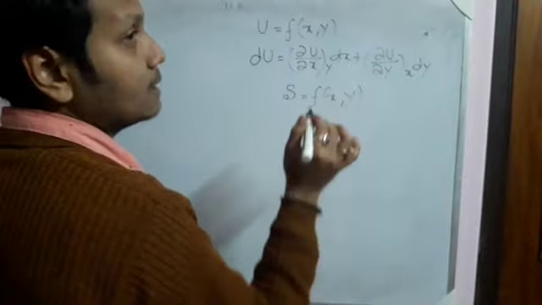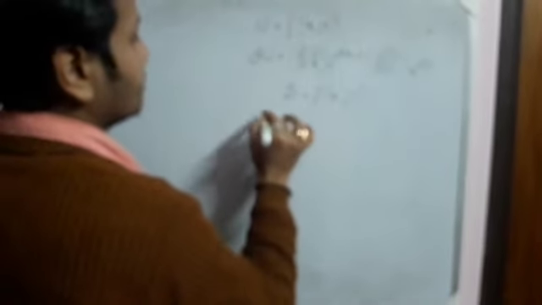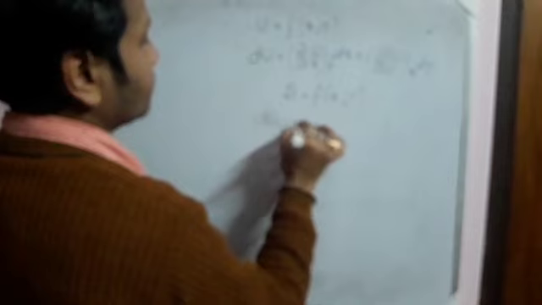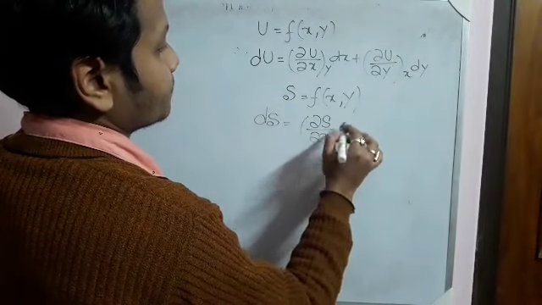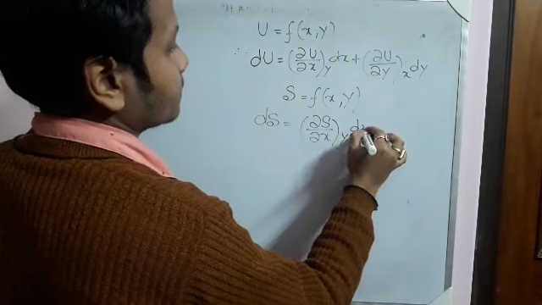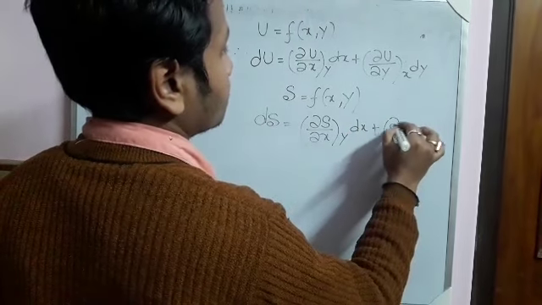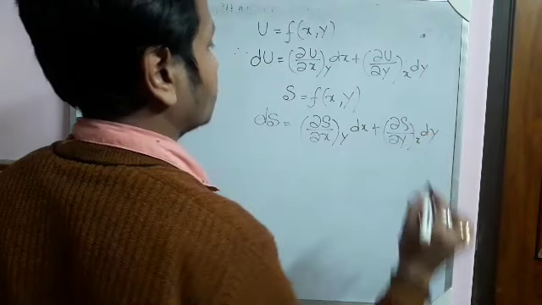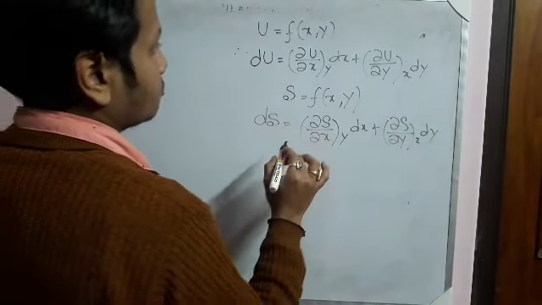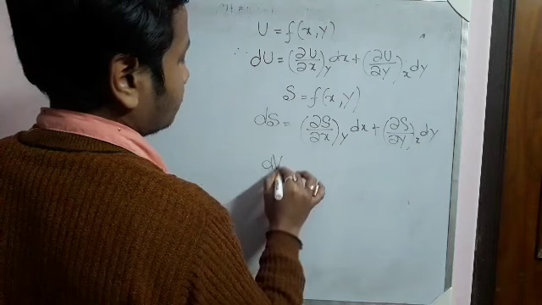Similarly, we can assume s as a function of 2 independent variables x, y, and since ds is a perfect differential, we can write ds equals del s del x at constant y dx plus del s del y at constant x dy.